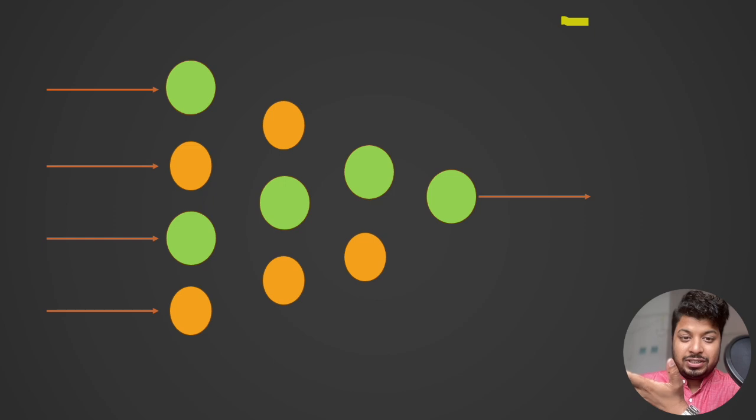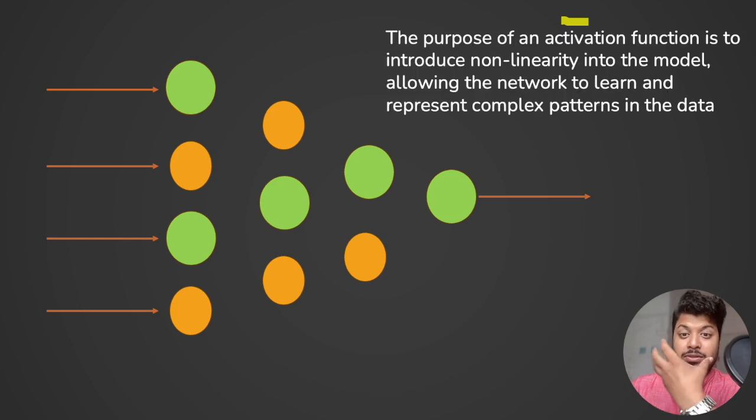A certain set of neurons will get activated, which brings us to the most important point, the need for an activation function in a neural network. The purpose of an activation function is to introduce non-linearity in the model, which is a very important part. This will help the network to learn complex data patterns.